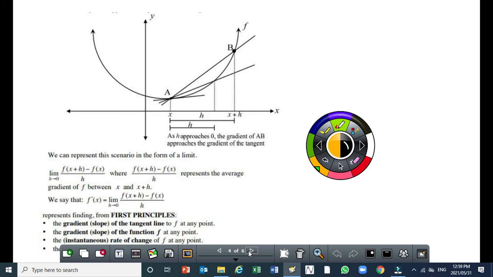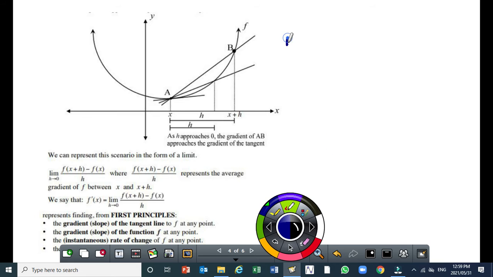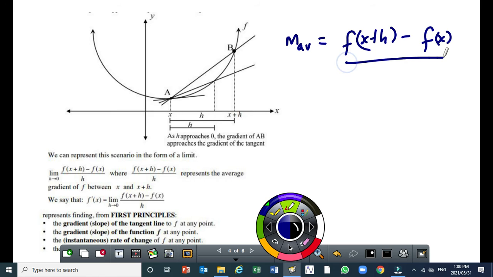Because of that, we can write a new formula for the average gradient based on the concept of the limit, which I spoke about on Friday. And this is how we will do it. So we say the average gradient, okay? We know that the average gradient is equal to f of x plus h minus f of x all over h.